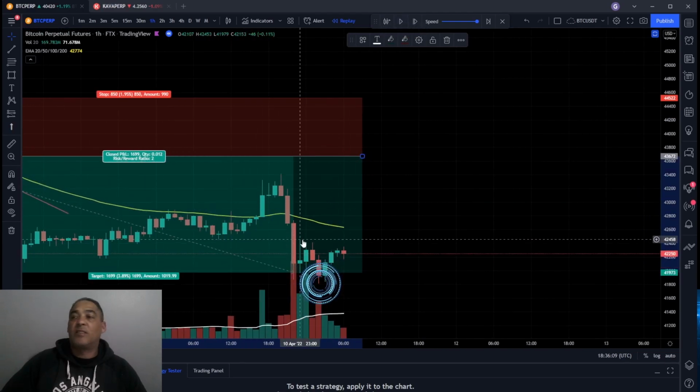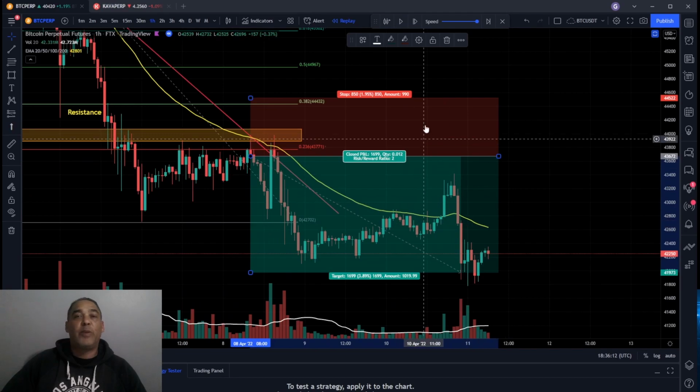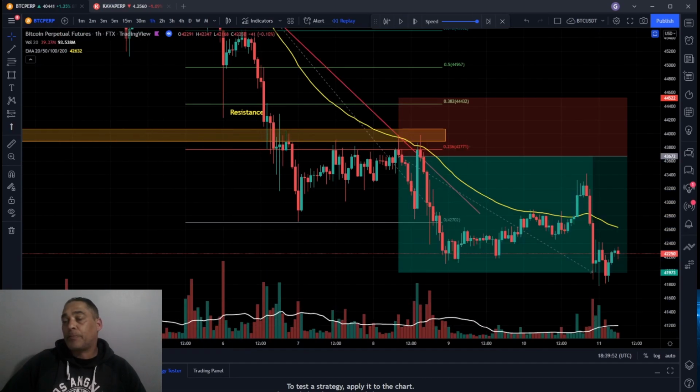And as you can see, that trade was successful based on the Fib retracement strategy. So this is an example of how the Fib confluence can help us identify a high probability trade.